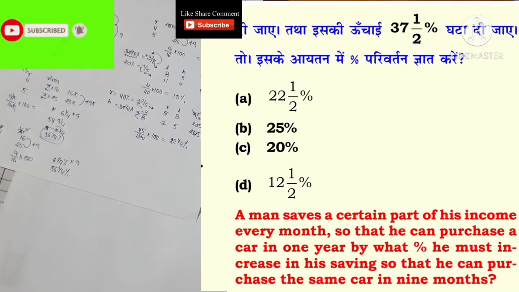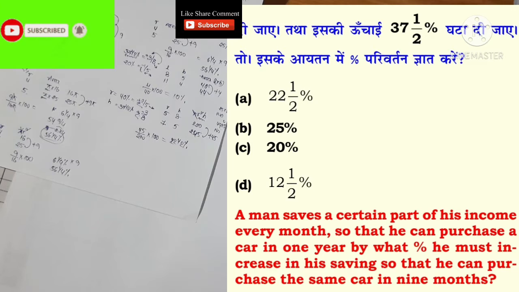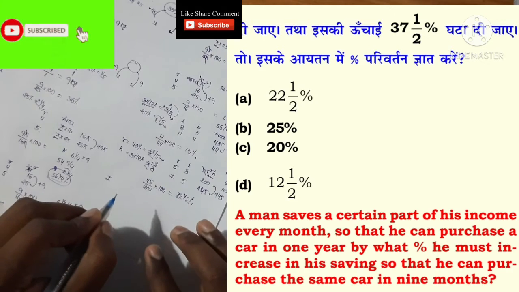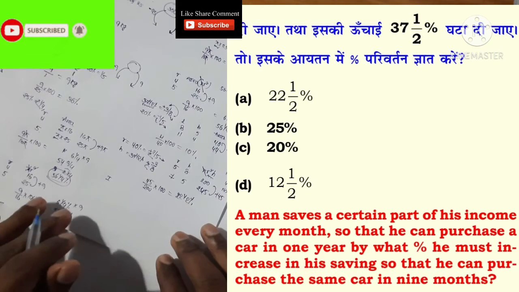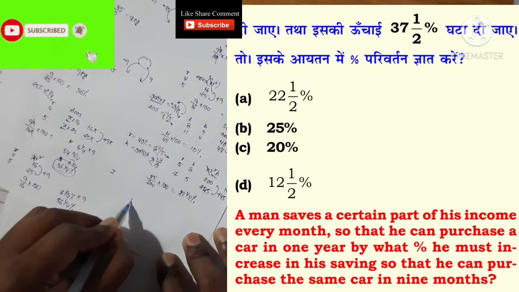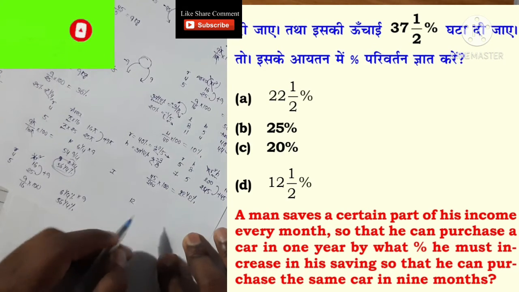A man saves a certain part of his income every month so that he can purchase a car in 1 year. By what percentage he must increase in his saving so that he can purchase the car in 9 months? So man can purchase a car in 9 months.